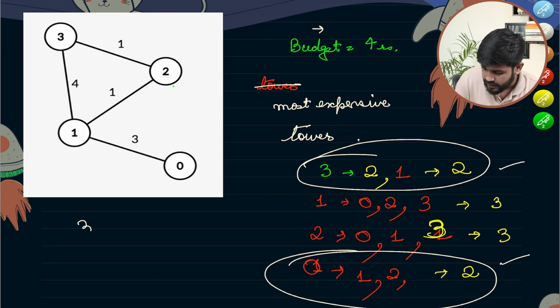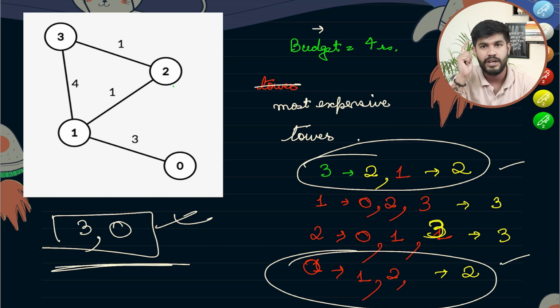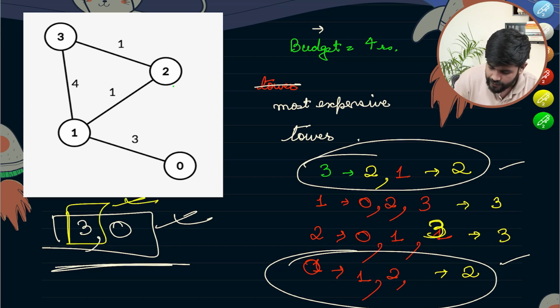So the candidates we have for the node which has minimum number of neighbors, 0 and 3, both have the same value. Now in this question you are told that if there are multiple answers to a particular value, then we would take the node with the greater value. That is why the answer to this is 3.